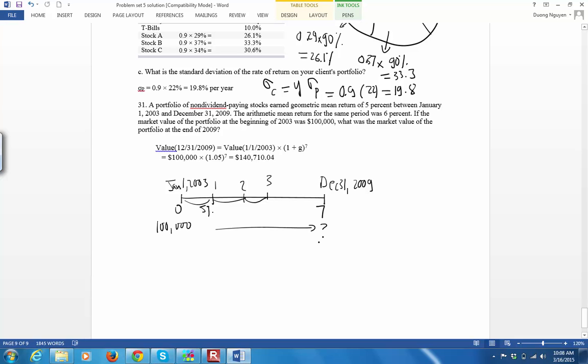So the future value is equal to $100,000 times 1 plus the return of 5%, 0.05, raised to the power 7. And this is equal to 140,710.04.